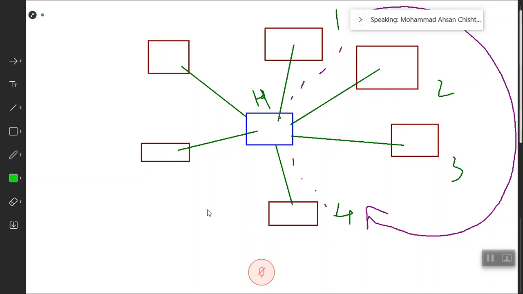The hub also acts as a signal booster, or what we have as a repeater. We'll come to these networking components in a little while. A repeater is basically a signal regenerator.